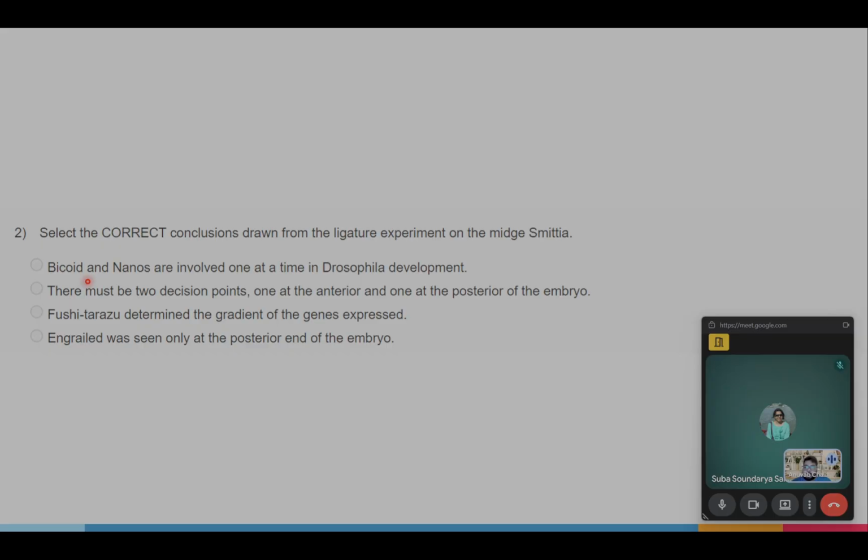The options are: bicoid and nanos are involved one at a time in the Drosophila development. There must be two decision points, one at the anterior, one at the posterior of the embryo. Fushi tarazu determined the gradient of genes expressed, and engrailed was seen only at the posterior end of the embryo.